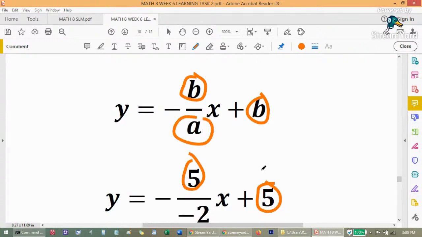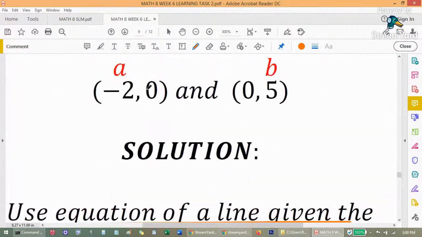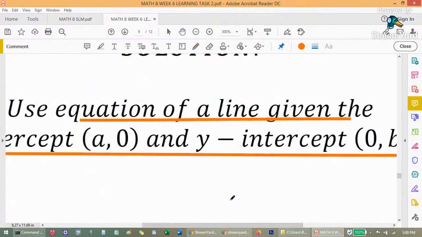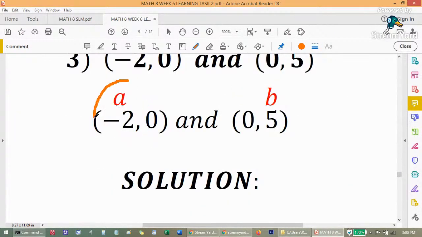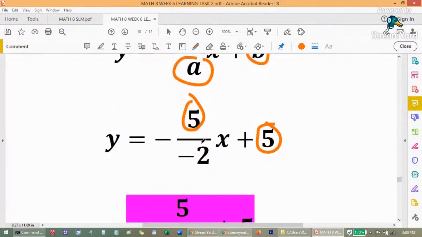Next is itong a na to. Papalitan natin ng negative 2. Okay? Yung a natin is negative 2. Kapag nag-isa lang yung negative number, wala namang terms dito sa left side, pwede nang wag lagyan ng parenthesis. Okay? So, negative 2. Then, pag in-evaluate natin yan, since this is positive 5, so, itong dalawa lang.